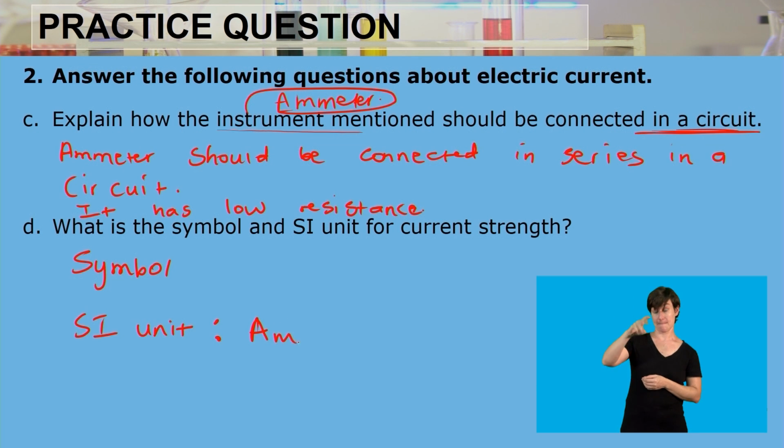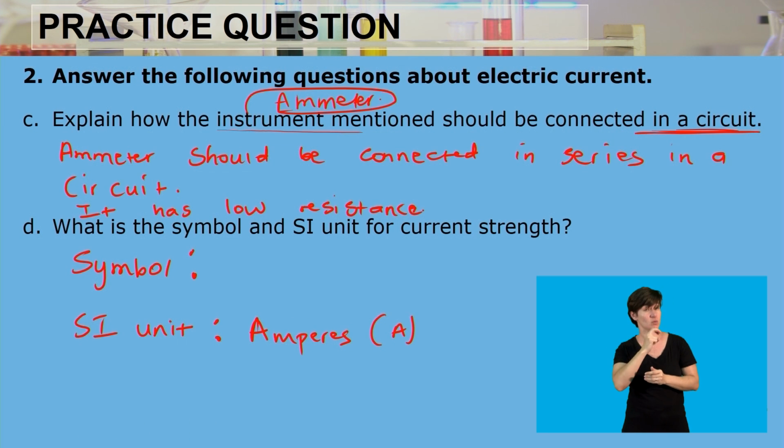In full, it is amperes, and the capital letter A. The symbol for current strength is going to be A, and remember the SI unit is measured in amperes and is denoted by capital letter A as well.